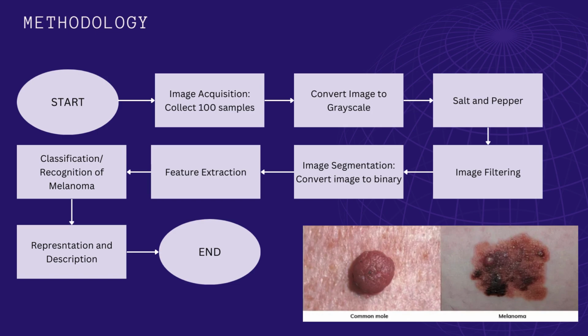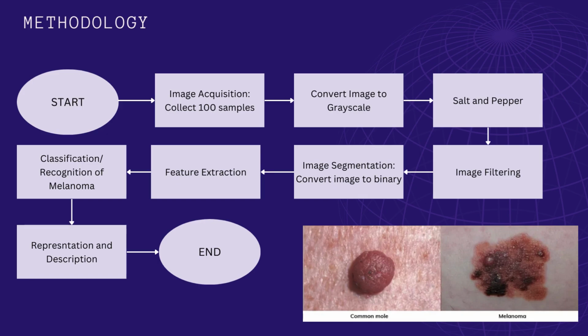To sum up, this methodology involves a meticulous image acquisition process, noise reduction through median filtering, precise image segmentation using thresholding, and feature extraction. These extracted features, along with the melanoma-specific traits, facilitate the algorithm's classification, allowing for early melanoma identification and improved patient outcomes.